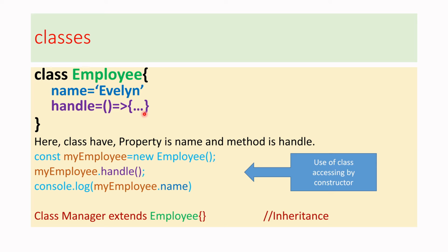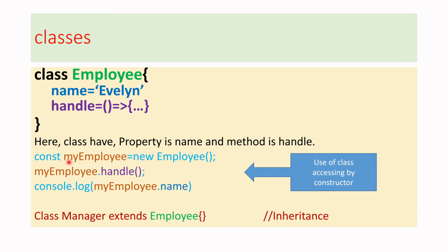So what is the purpose of the class? If we want to use it anywhere, we have to call the constructor, and from the constructor we get the object, now ready. My employee is the object, and Employee is the constructor with this body.